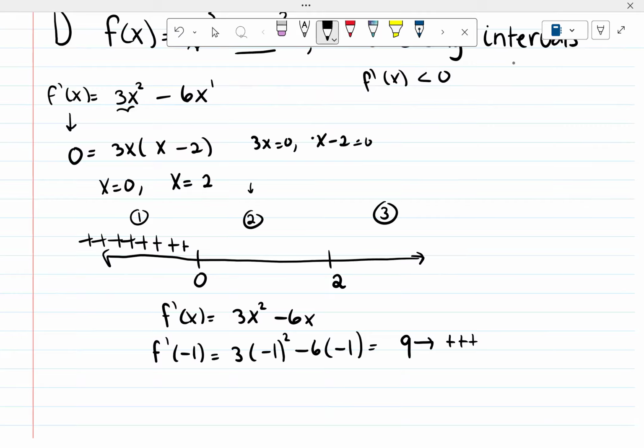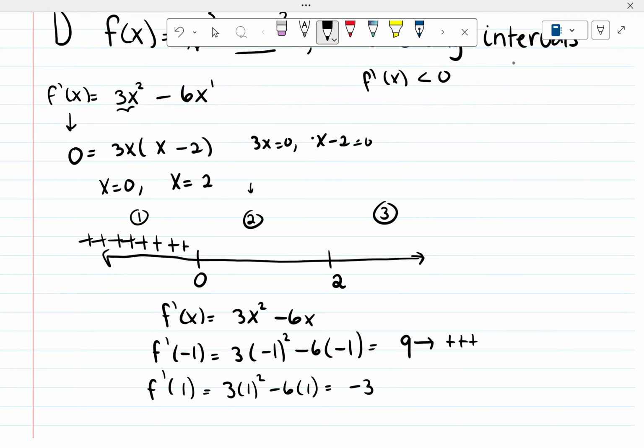Okay, so let's test region 2. I need a number between 0 and 2. So I'm going to use positive 1, and I'm going to put it back into f prime of 1. So it's going to be 3 times 1 squared minus 6 times 1. And when you put that in, it gives me negative 3.